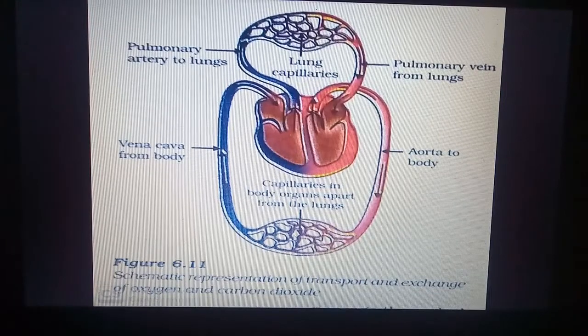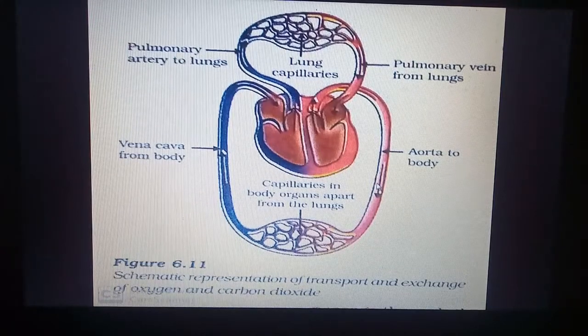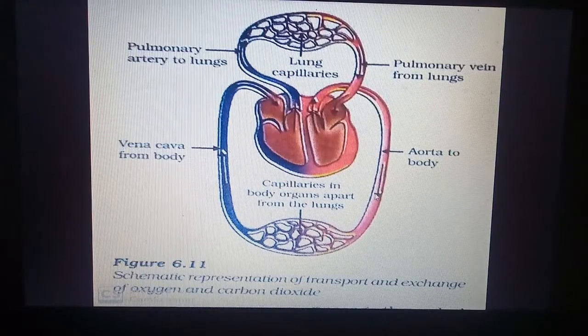It does not reach the lungs. Then it becomes deoxygenated and enters the heart through the vena cava. So this is called systemic circulation. The blue colored blood shown here is deoxygenated, and the red colored blood shown here is oxygenated blood. So blue colored blood does not have oxygen and red colored blood has oxygen.